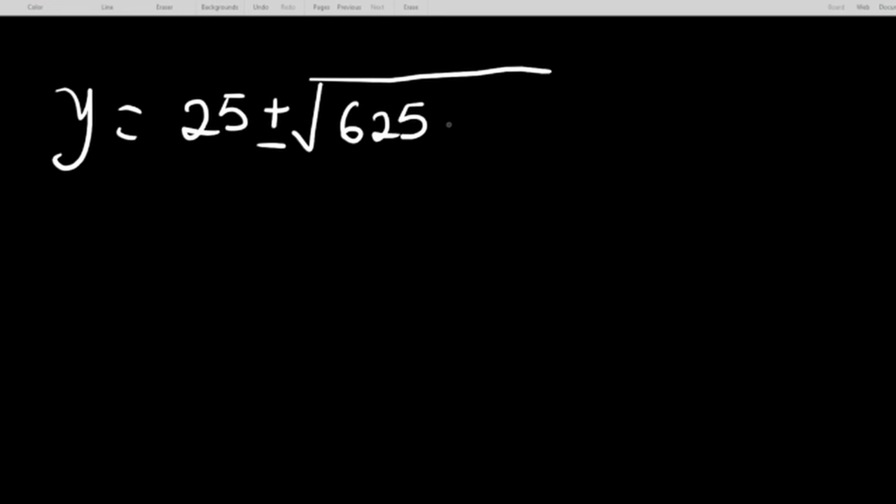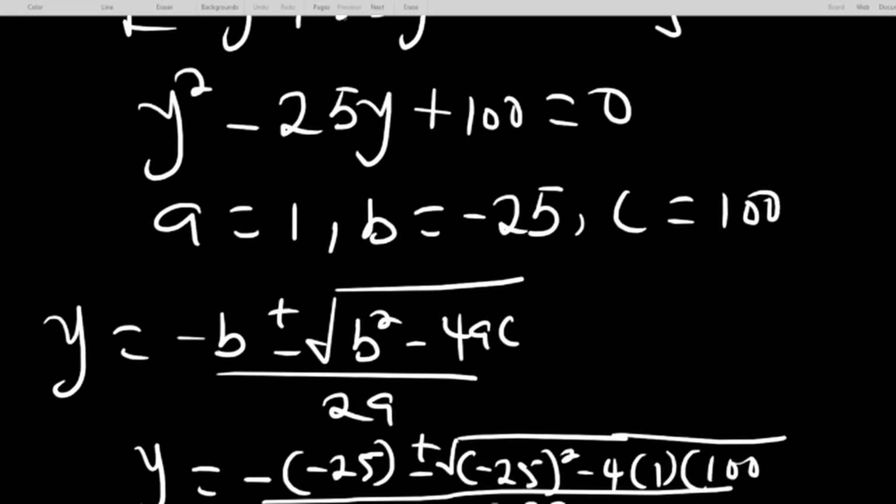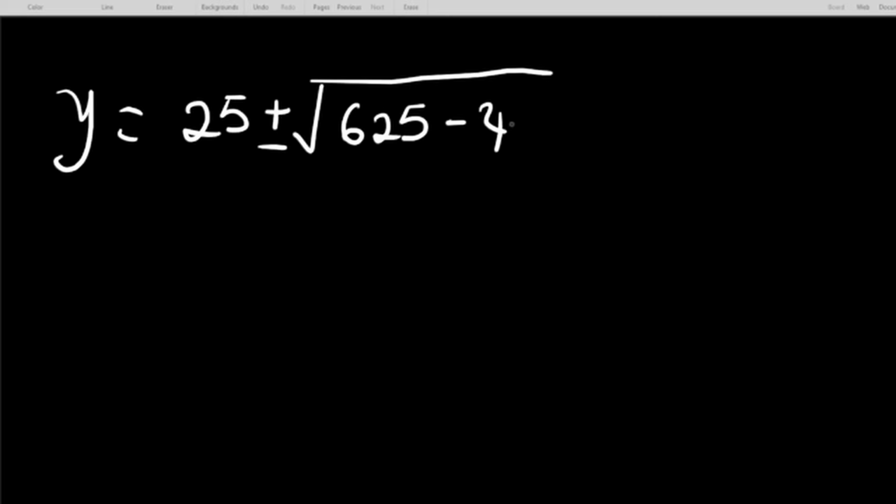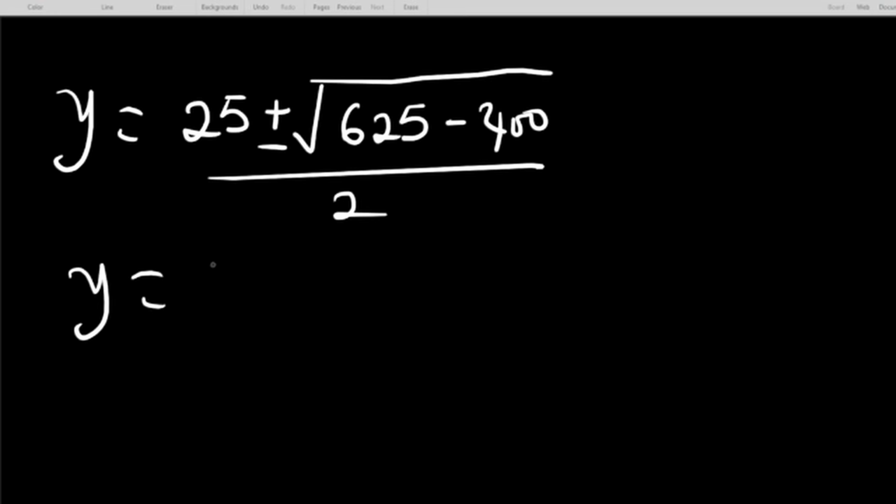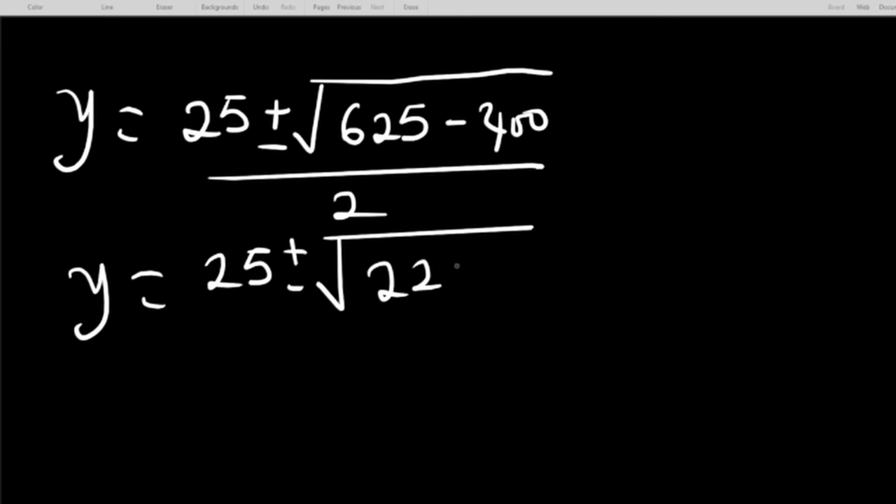Then we have minus, because on the previous page we have negative 4 times 100, and that's 400. So we have 400 here over 2, because 2 times 1 is a 2. And next we have y equals 25 plus or minus, so 625 minus 400 gives us a 225. So we have 225 over 2.